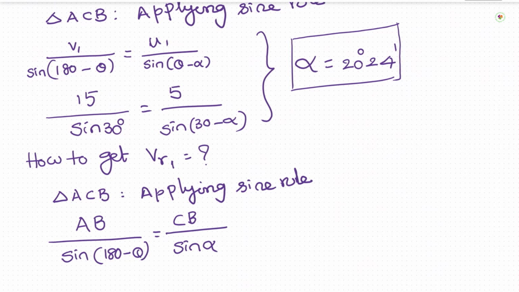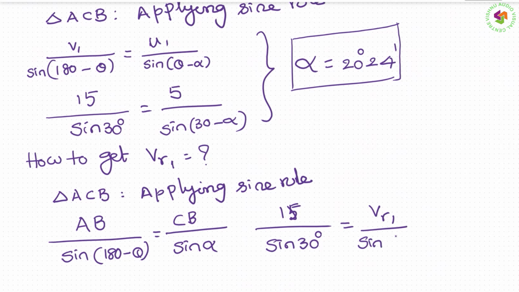So AB is equal to 15 divided by sine of 180 minus theta, which is sine 30 degrees, is equal to CB, which is VR1, divided by sine alpha, sine of 20 degrees 24 minutes. Alpha is known. So from this, calculate VR1.